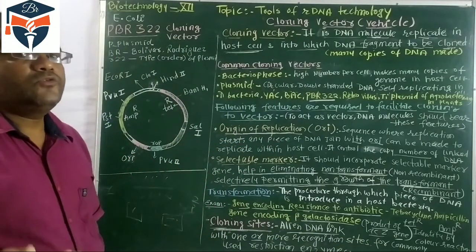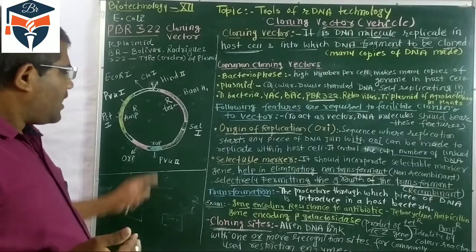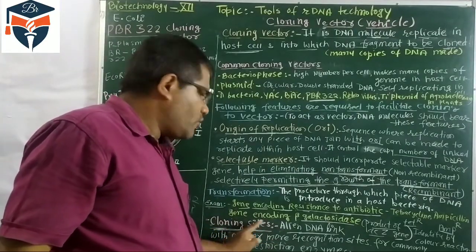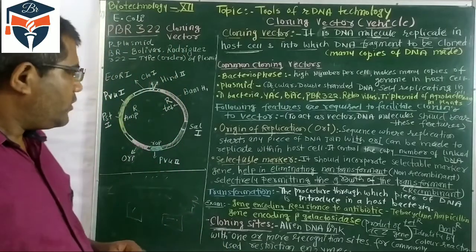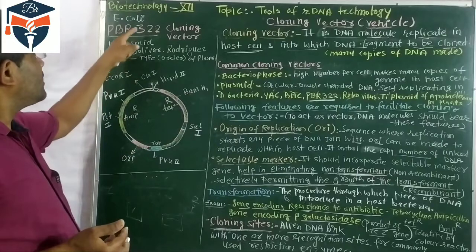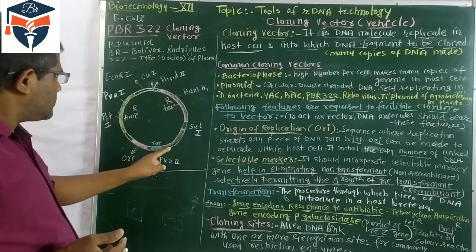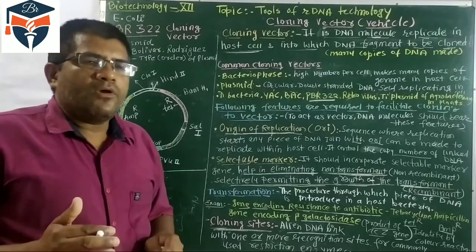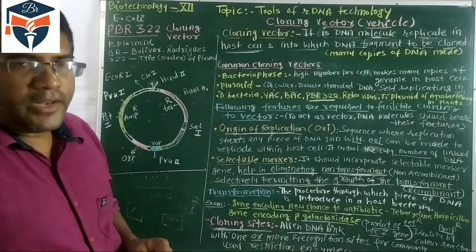So commonly used restriction enzymes have either one or only a few cloning sites. If the cloning sites are many, as in pBR322, the cloning process will be complicated.